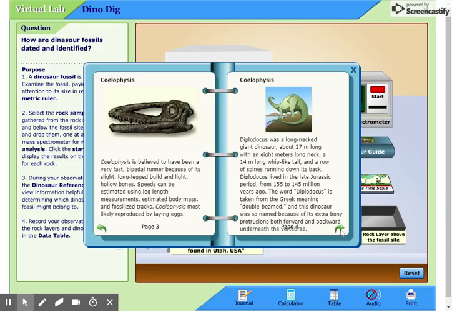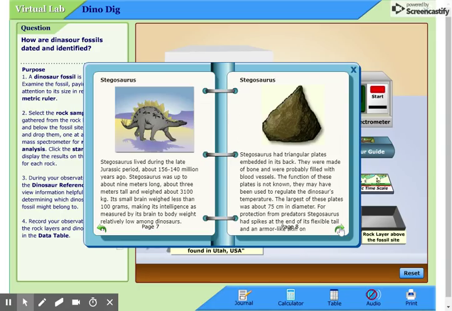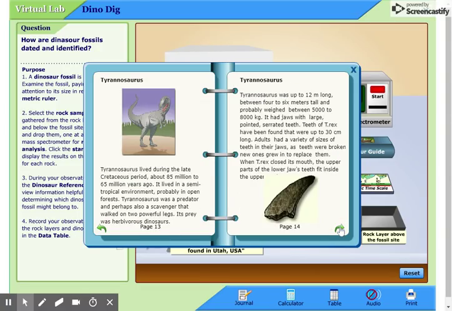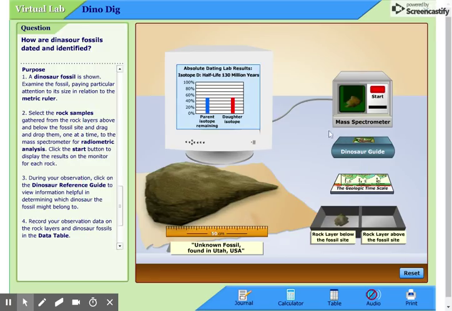Then we have a different dinosaur, and that dinosaur has several pages of information. Then we have another dinosaur with more information about him, and another dinosaur, until we get to the last dinosaur. There are 5 total dinosaurs that you are going to identify and age.